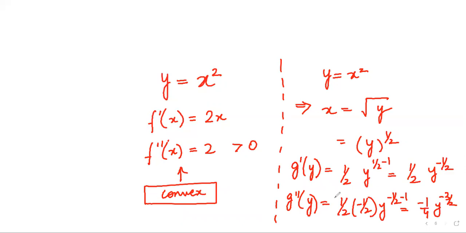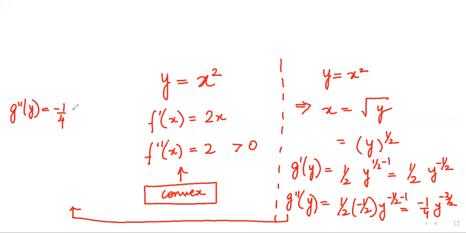This part, I'm just going to rewrite it here. So, g double dash y would become minus 1 by 4, y to the power minus 3 by 2, which can be written as y to the power 2 by 3, with a minus. Now, this is pretty simple, right?